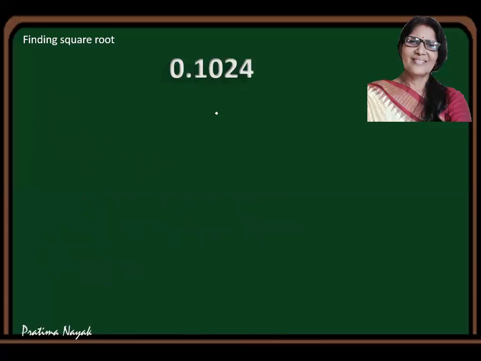Okay, so let us learn how to find it. 0.1024. As I told, from the decimal, I'll go right side by 2. So 10, and here I'll go to left.